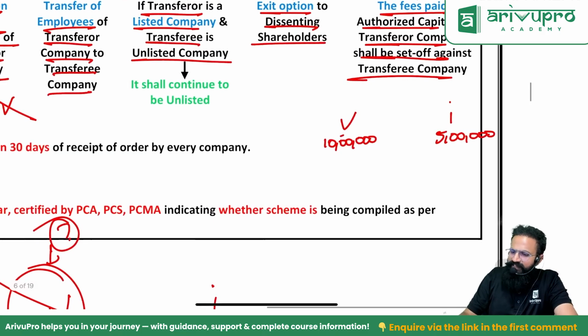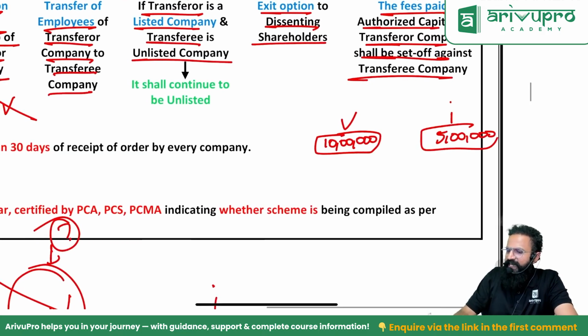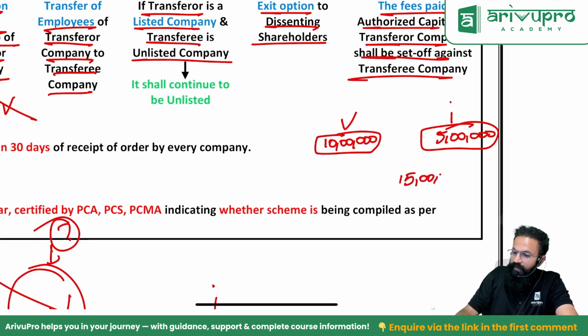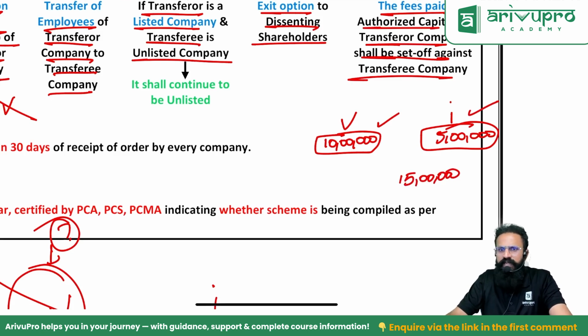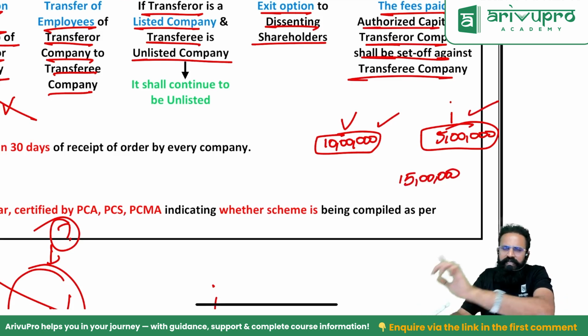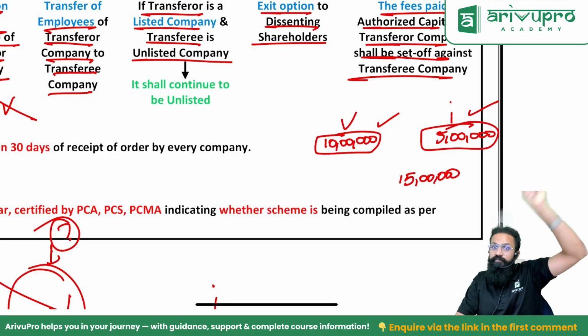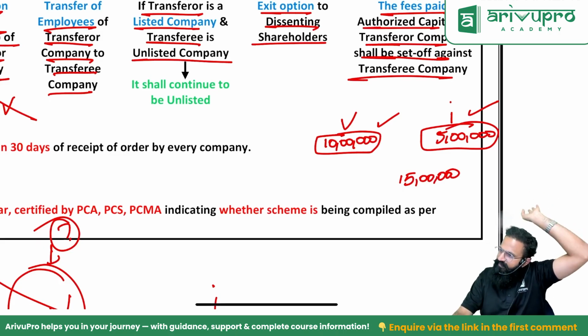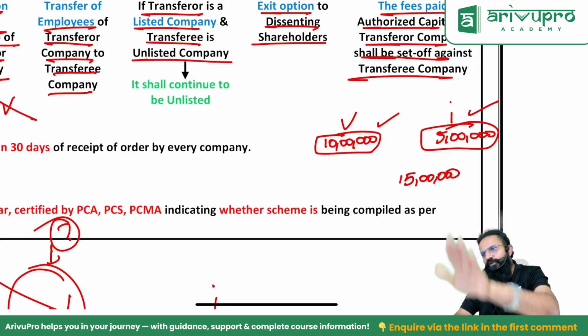Now imagine Vodafone was 10 lakh, the Idea was 5 lakh. What will be their new authorized capital? The new authorized capital will be 15 lakh. Why? Because they have already paid fees to the registrar for this. Nothing new is happening. The capital will get added up. Whatever authorized capital fees were paid on the previous companies will get added to the new company.